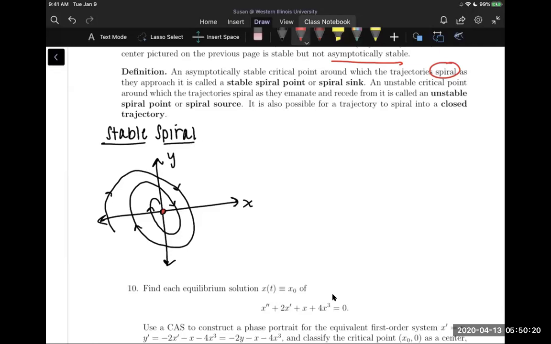We have an unstable critical point around which the trajectories spiral as they emanate and recede from it is an unstable spiral point or a spiral source. So this is going to look very similar to this picture that we just drew, except instead of emanating toward the critical point, we're emanating away. So this is going to be an unstable spiral.